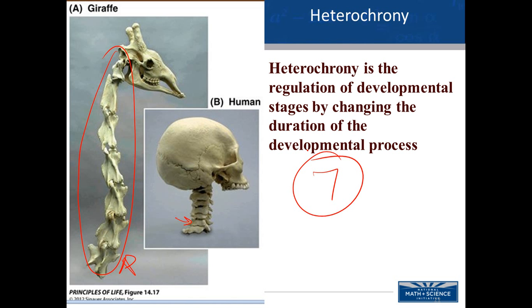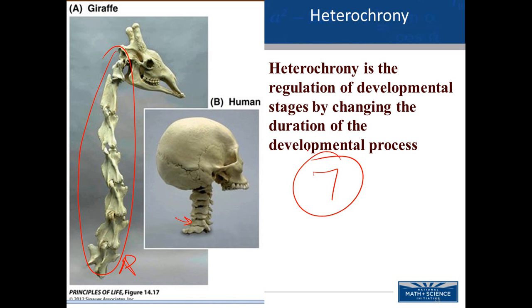However, there's been a delay in the timing sequence with the giraffe. It turns out that there are some cells called chondrocytes, and chondrocytes are cartilage-producing cells that lay down the structure of a bone.